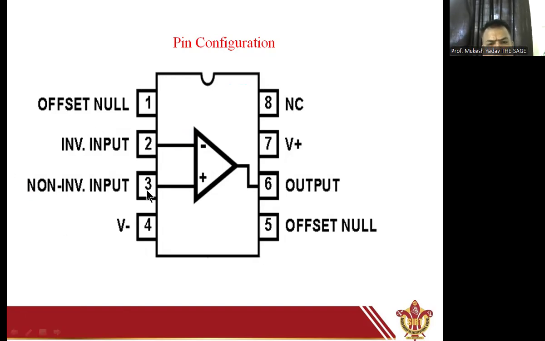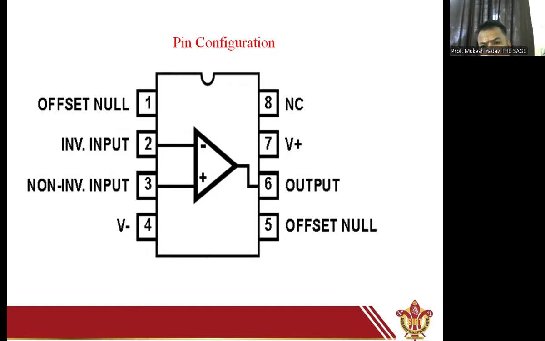The third pin is the non-inverting input, and when we apply the signal at this pin, the output is in the same phase as the input. So it is called the non-inverting terminal. Pin 4 is the minus power supply, minus voltage. That means if we apply plus 15 volt as a positive biasing voltage, then we need minus 15 volt as a negative biasing voltage.